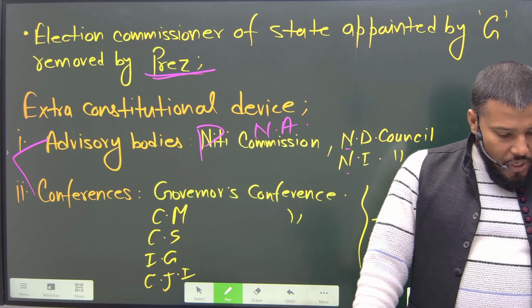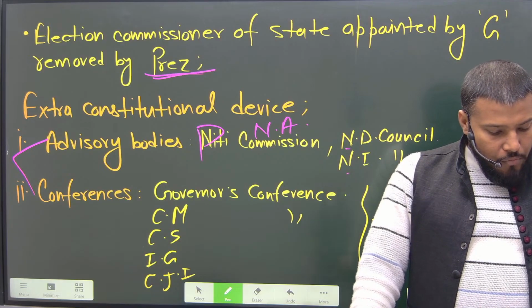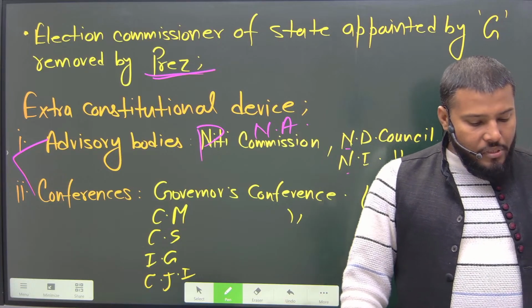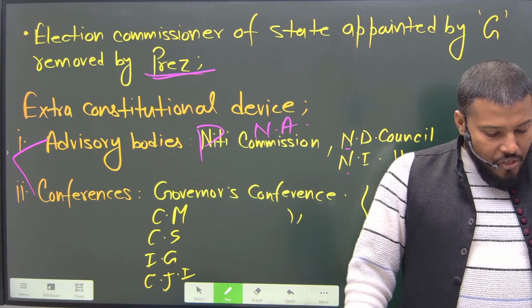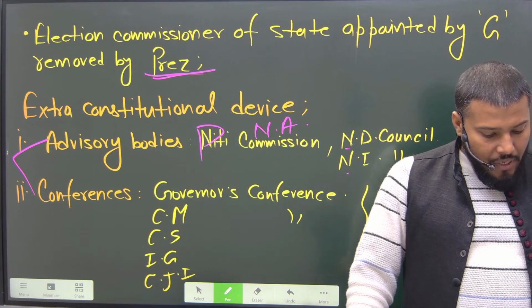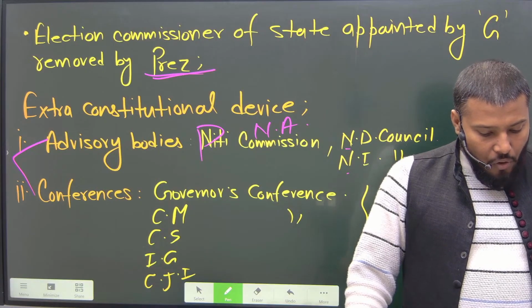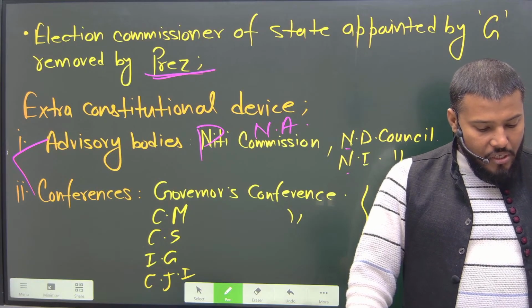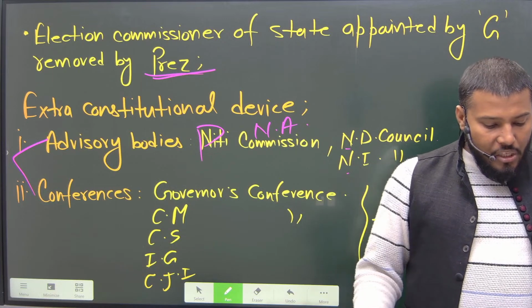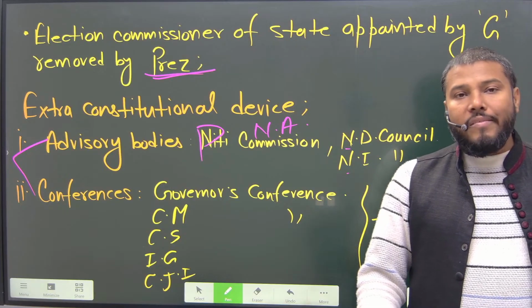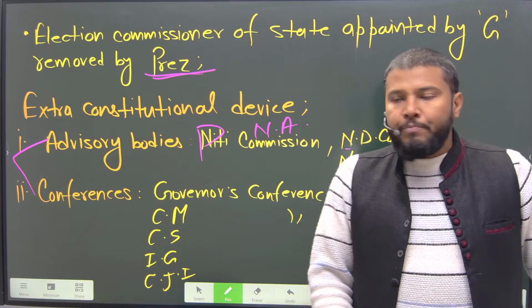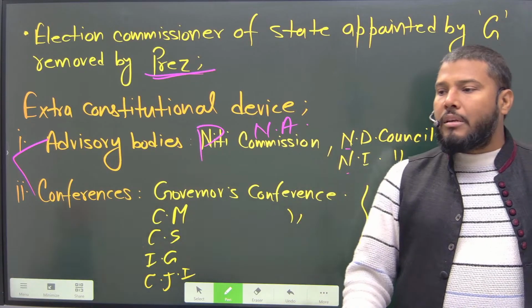To name a few, let me read for you: Planning Commission, now Niti Aayog, National Development Council, National Integration Council, Central Council of Health, Central Council of Local Government and Urban Development, Zonal Council, Northeastern Council, Central Council of Indian Medicine, Central Council of Homeopathy, Central Family Welfare Council, Transport Development Council, and University Grants Commission. So there are numerous councils which do the advisory work.